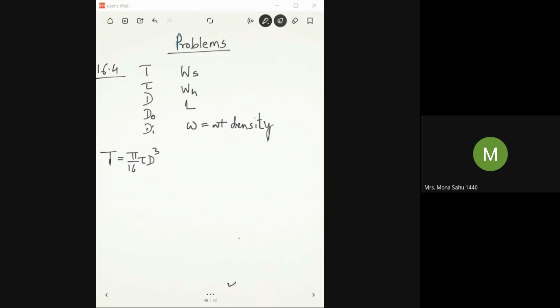And we also know T is equal to pi by 16 tau into (D naught to the power 4 minus Di to the power 4) by D naught for a hollow shaft. This is the formula. Clear? Please substitute the shear stress, and we know that Di is equal to 2 by 3 D naught. So let's substitute that.